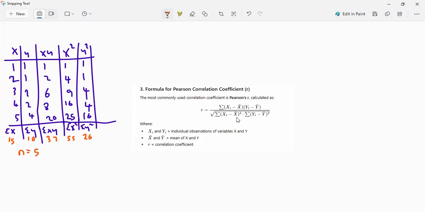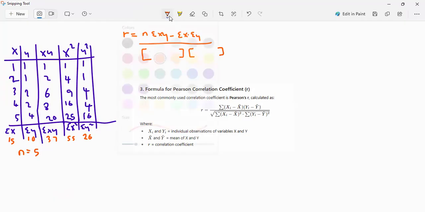So R, we said R, what was the formula for R? n summation of xy minus summation of x times summation of y. Then down here we have the variation in x and the variation in y.